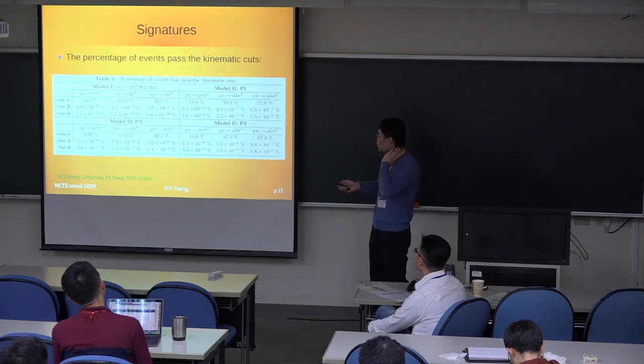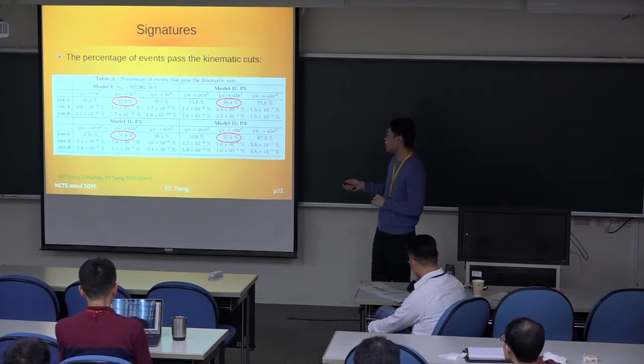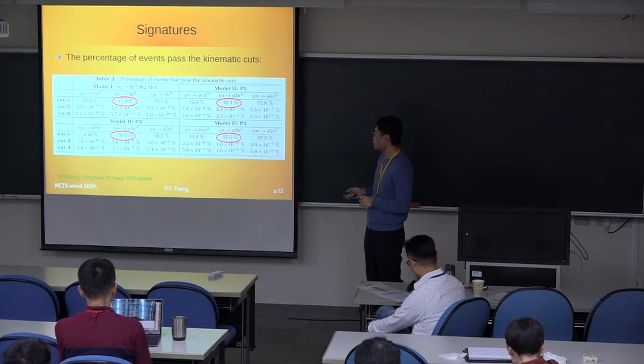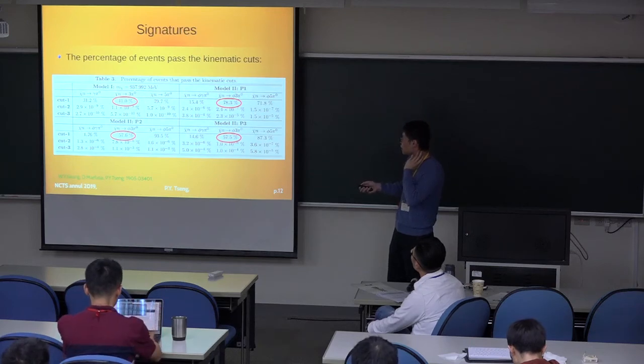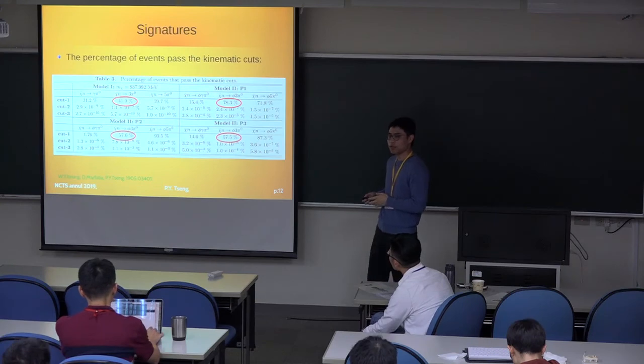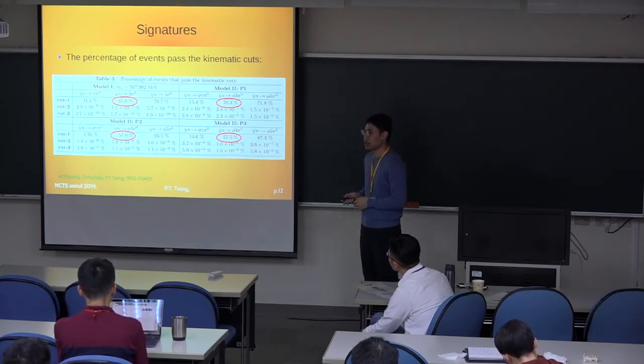From here we can roughly understand what percentage of our events can pass the kinematic cut. Especially for the multi-pion case, more than 50% of the events can pass the kinematic cut.